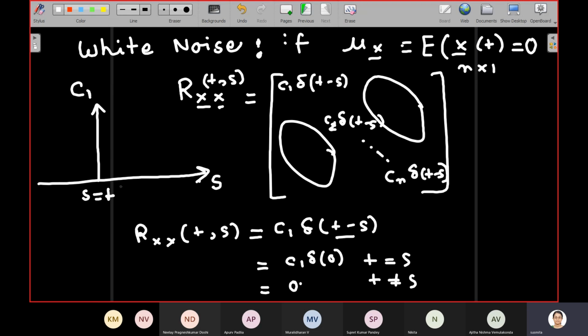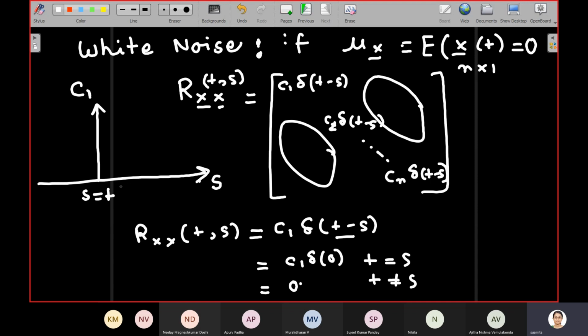So only when s is equal to t, it has some value. What does it imply? Physically, it implies that this process is not correlated with itself if you do not sample it at the same instant. Only if you sample at the same instant, so t is equal to s, it is correlated. Elsewhere it has 0 correlation.